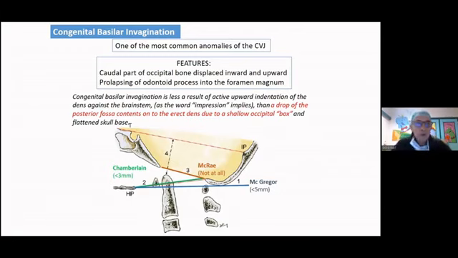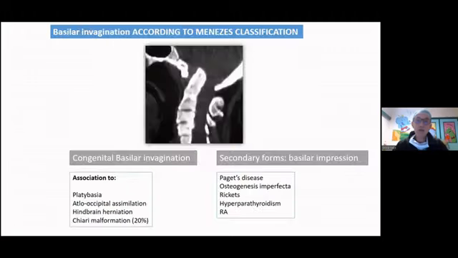According to the beautiful presentation of Riccardo, when we have an invagination of the odontoid more than 5 millimeters at McGregor line, or more than 3 millimeters in Chamberlain line, or even of only 1 millimeter in McRae line, we deal with basilar invagination.